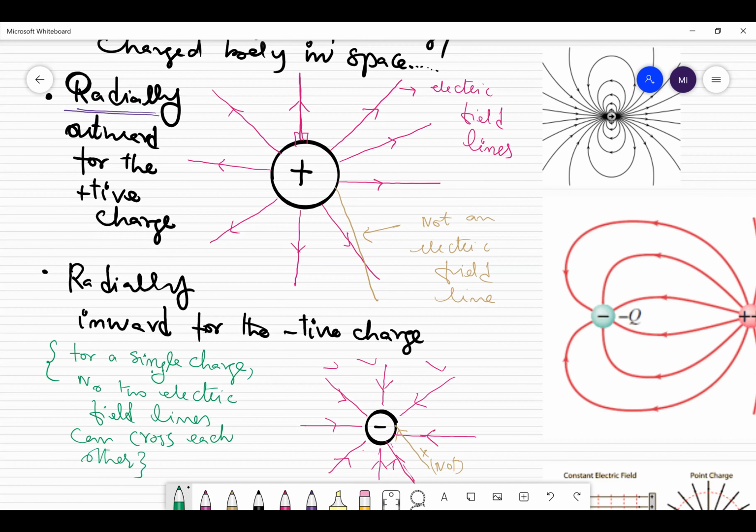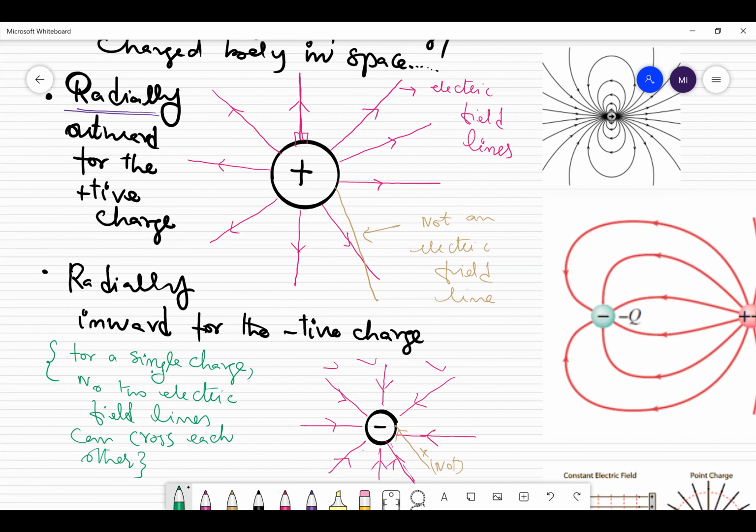Look, they will never cross each other for an isolated system of charges. If they were to cross each other, then there would be two electric field intensities at one point, which is physically not possible. I will prove this to you when I teach you the electric field intensity.